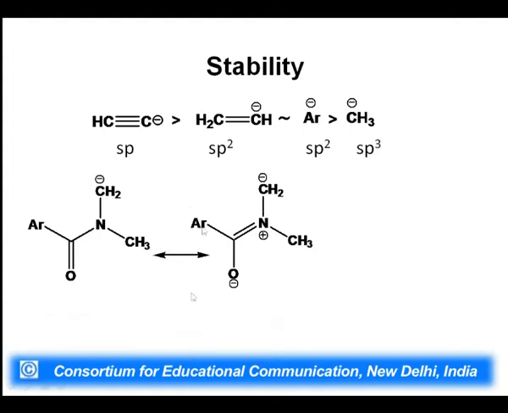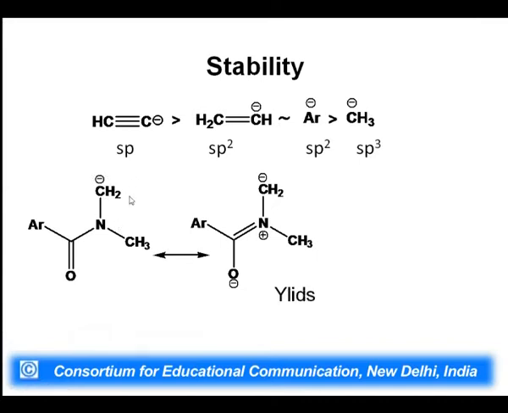So, these kinds of systems are also very much stabilized, although we say that two adjacent positive and negative charges are not stabilized by resonance, but this is not resonance. By virtue of resonance we have created a positive charge on nitrogen, which in turn is stabilizing this negative charge, the anion which was already present here.